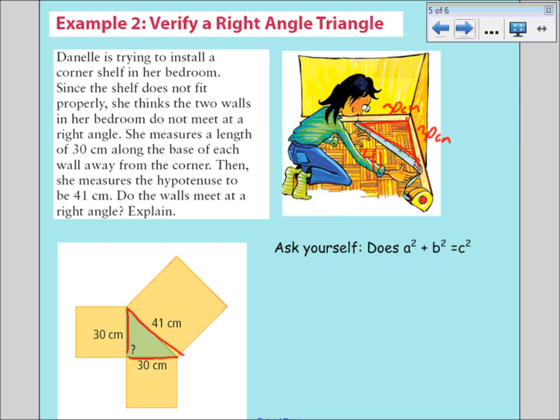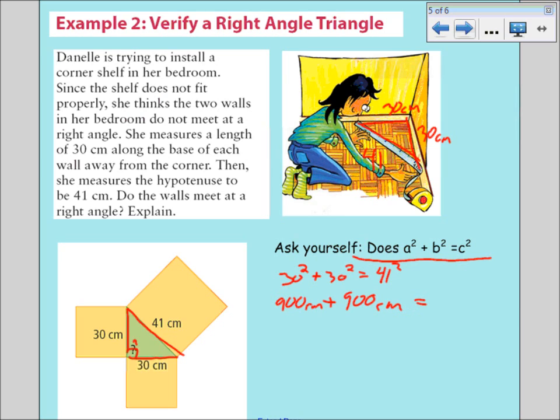So we have to ask ourselves, do the walls meet at a right angle? And we have to explain. So does a squared plus b squared equal c squared? We want to find out if this is a right angle triangle. So we've got 30 squared plus 30 squared. Does it equal 41 squared? We know that 30 squared is 900 centimeters plus 900 centimeters.